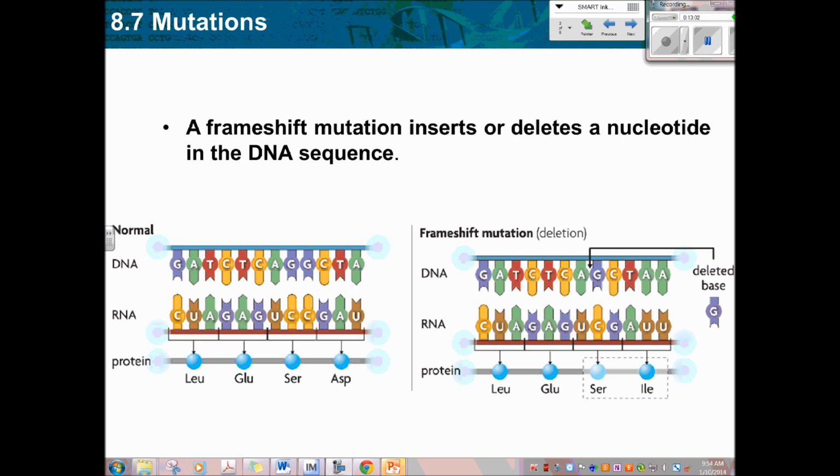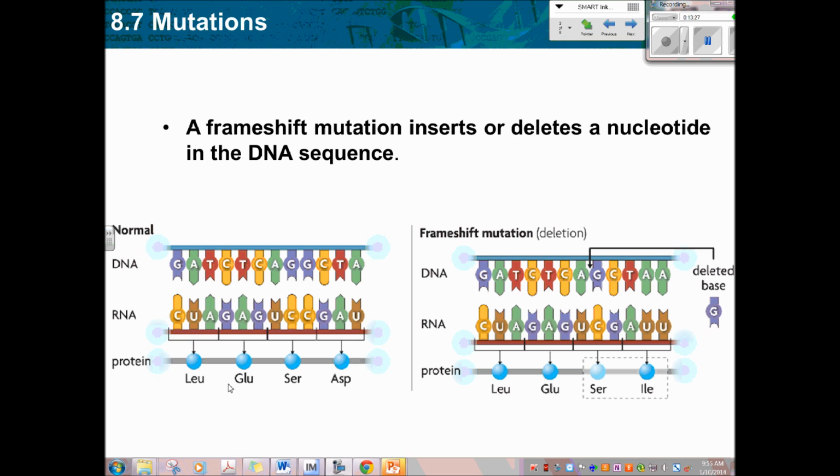If you keep going without noticing your mistake, they're all going to be off 1. Same thing, you were supposed to bubble in something on number 6, you bubbled 2 things on number 5, that's like a deletion. Now you're all off 1 again the other direction. So a frame shift. Now, is this more of a problem? Look up here. Is this more of a problem?